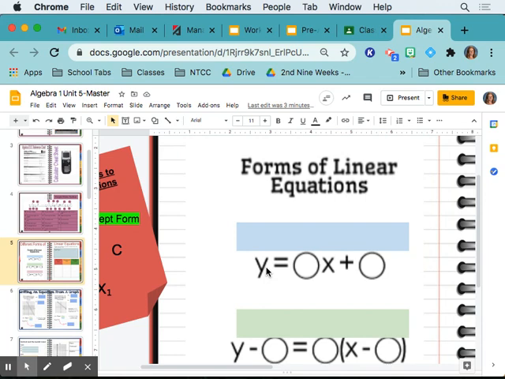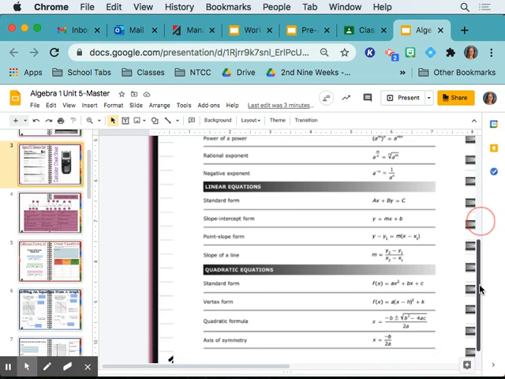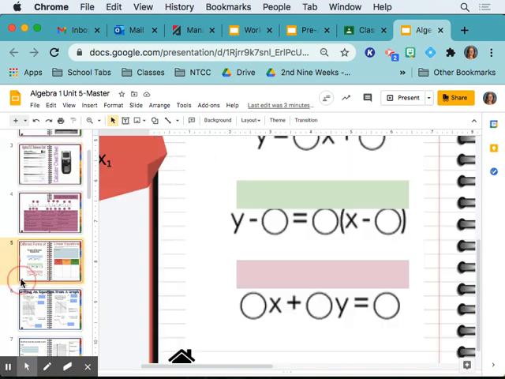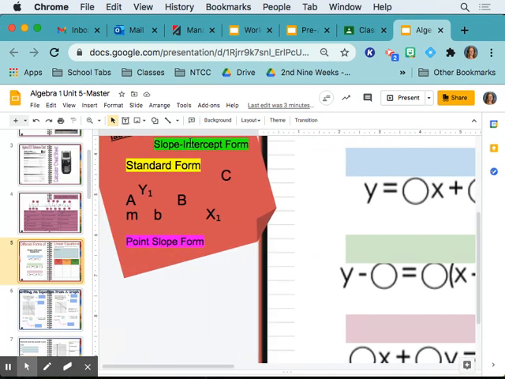This one looks familiar. Y equals blank x plus blank. Look back at our formula chart. What form is that? Y equals mx plus b. And what is it called, though? Slope-intercept form. So go back to slide 5, and the first one is slope-intercept form.